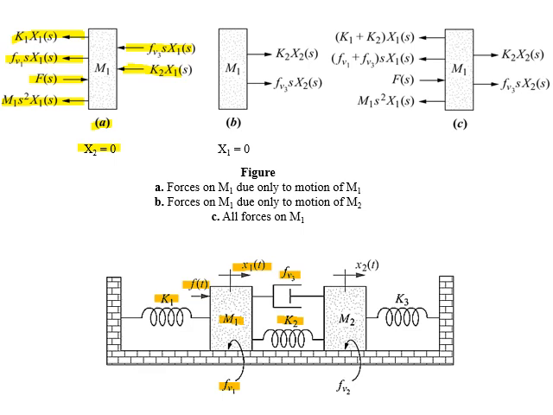Now in figure B, we are going to identify how many forces and in which direction they are acting on M1 when M2 is moving in the direction of x2 and M1 is held still. When M2 will be moving in the direction of x2, the components common between M1 and M2 are a viscous damper with coefficient ρv3 and a spring with coefficient K2.